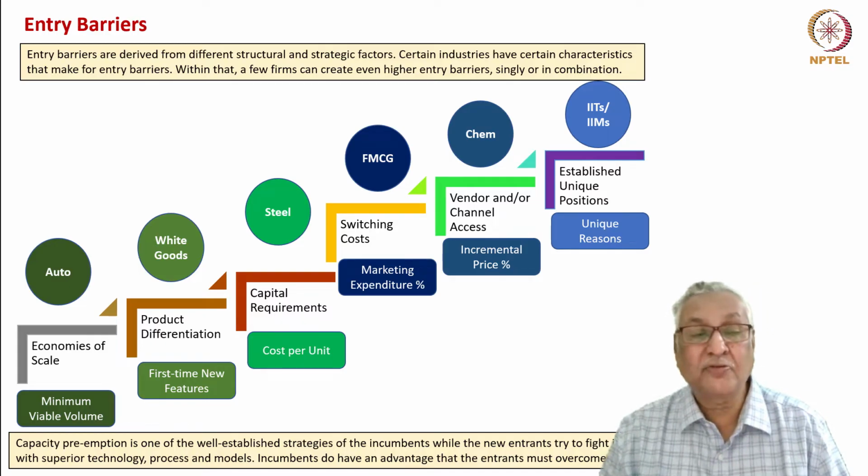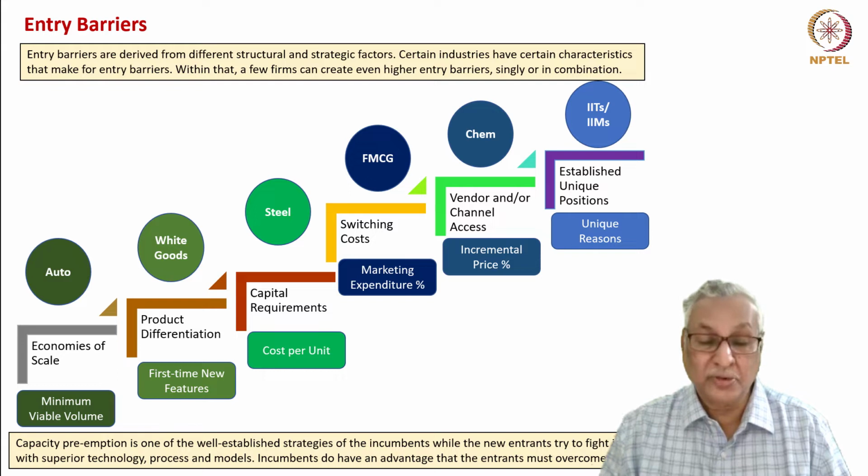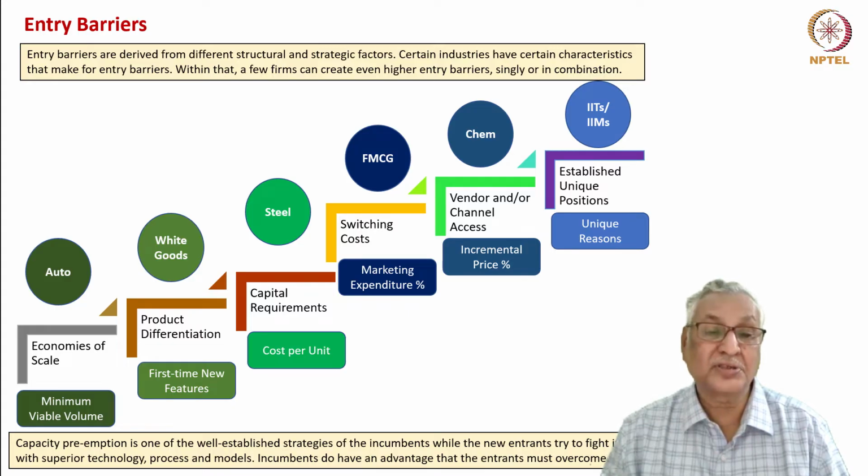Let's take the example of white goods, that is, products that are in the classification of refrigerators, air conditioners, kitchen appliances, kitchen hobs, etc. In this case, the product differentiation serves as the primary entry barrier.